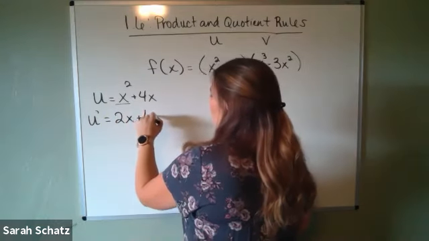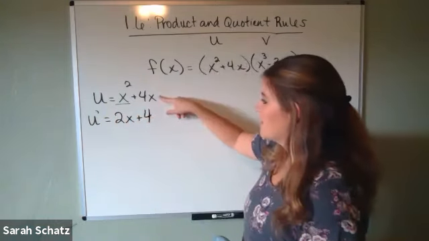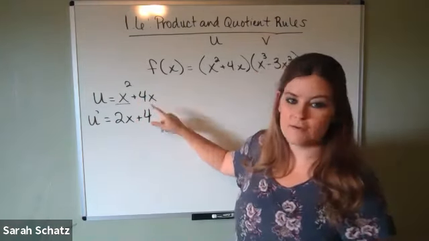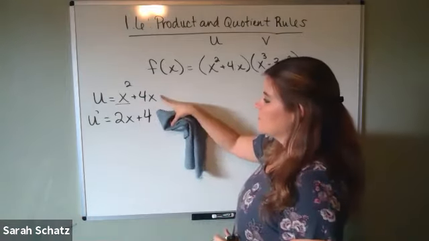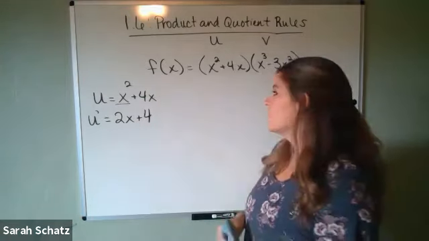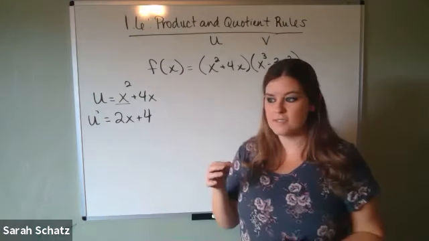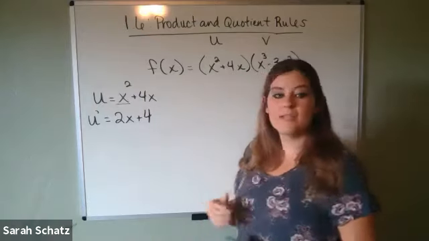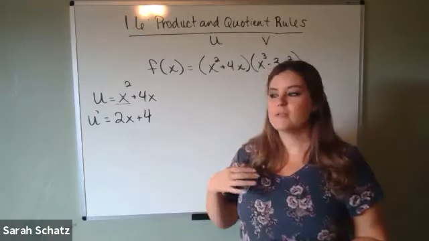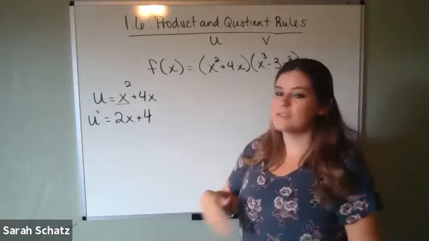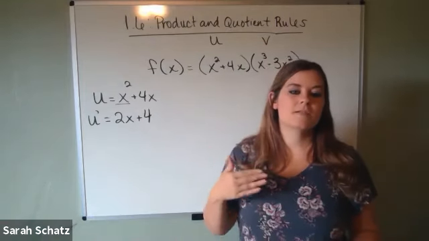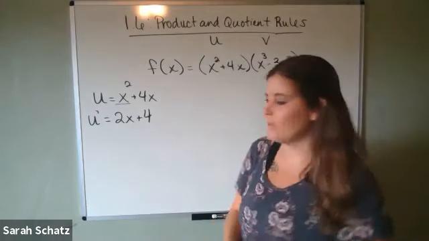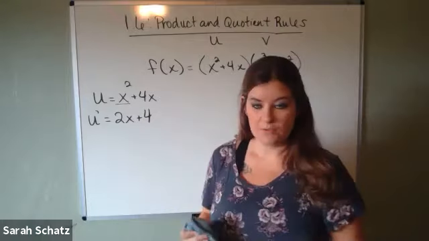If it's just an x with a coefficient, the coefficient is what comes down because this turns into x to the 0. Okay, so I have u and I have the derivative of u. And I'm going to start saying du instead of the derivative of u, or dv instead of the derivative of v, but that just means derivative. I don't want to throw you off and think I'm talking about something new.